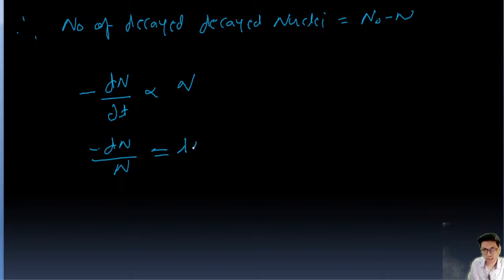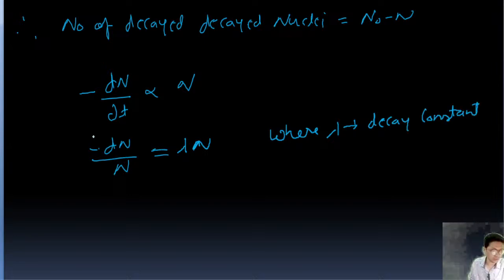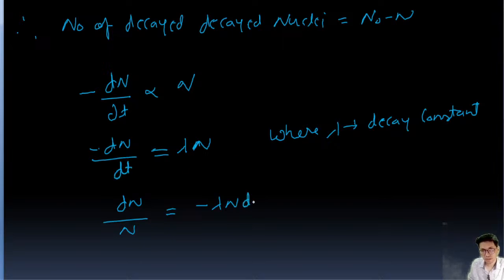So dN upon N equal to minus lambda dt, because we have taken N on the left hand side.